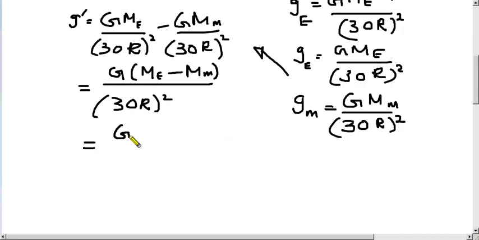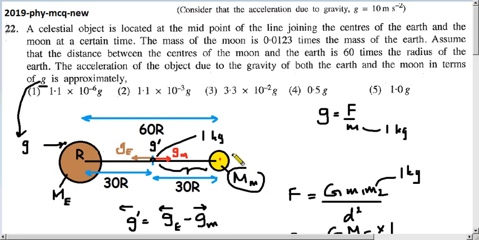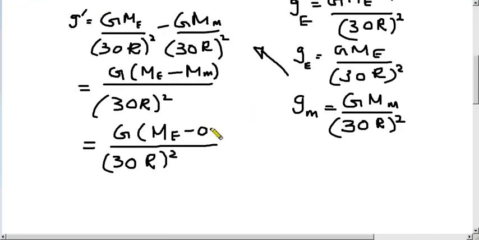Now we can substitute this M earth, we write as it is. M moon is given as 0.0123 times M earth.